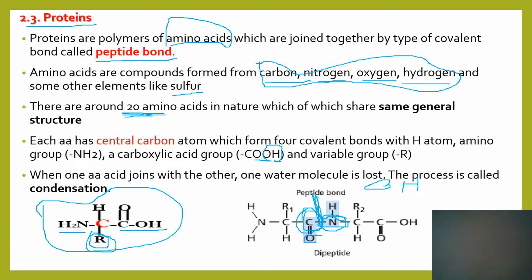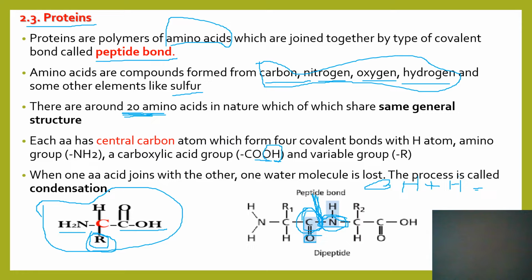Whereas the amino group has one nitrogen and two hydrogen atoms. Therefore, one hydrogen atom is lost from the amino group of the second amino acid. Therefore, OH plus hydrogen gives what?